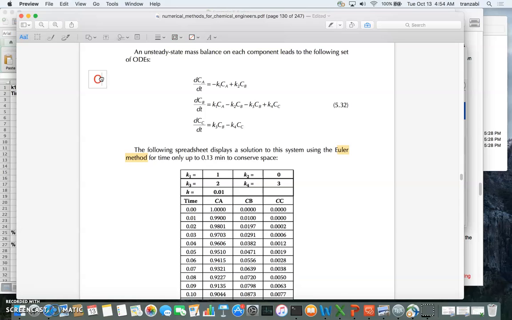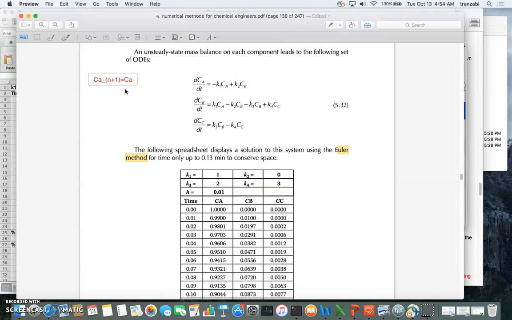So this is going to be Ca at time n plus 1. This is a bit big, I'm going to make it smaller. Okay, so I'm expanding this using forward Euler. This is going to be the concentration at the current state.